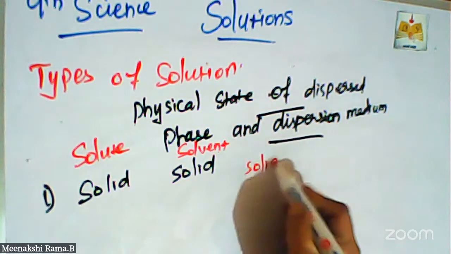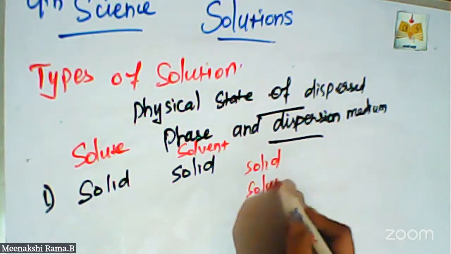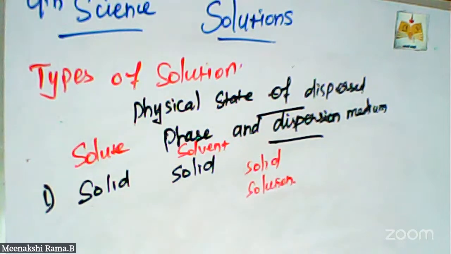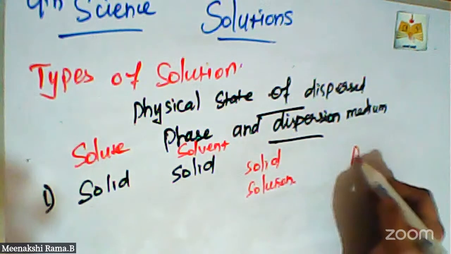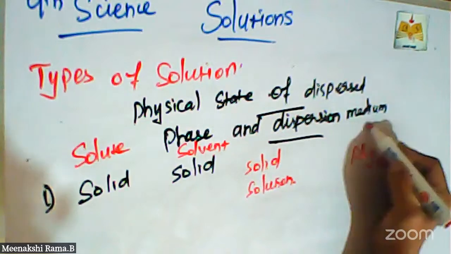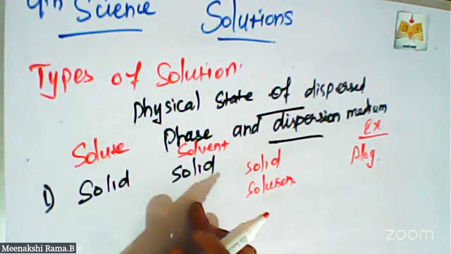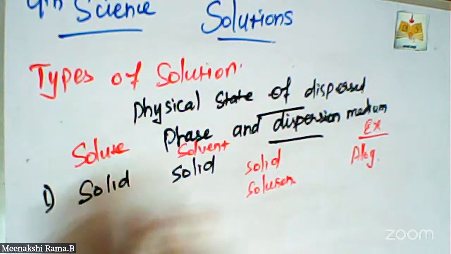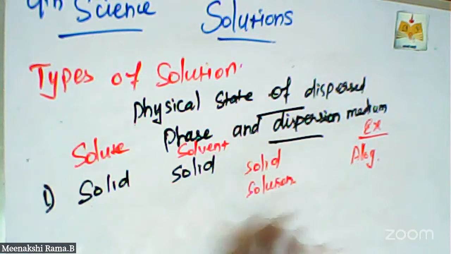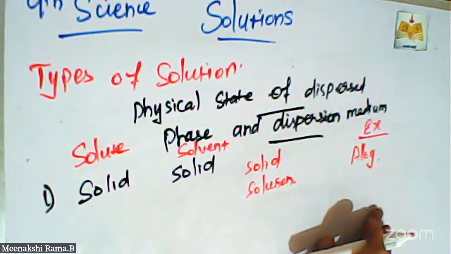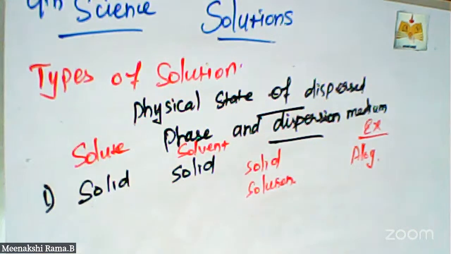It is in solid nature. So what are the examples? Alloy. This is an example of solute and solvent mixed together to form the solid solution.